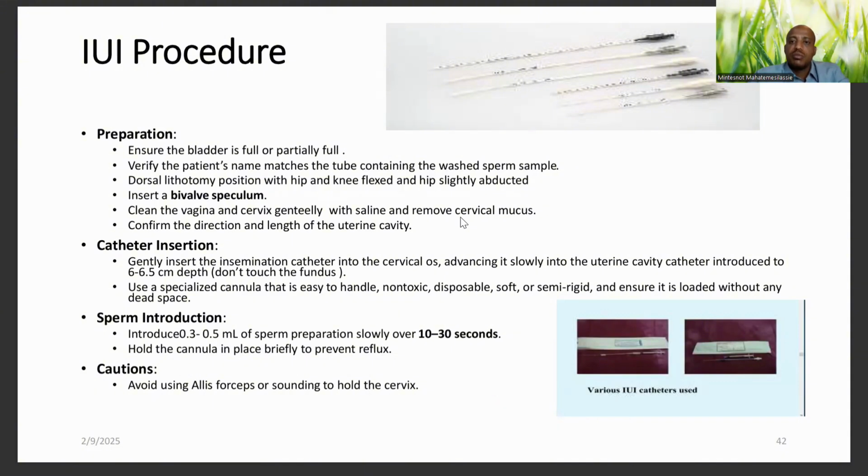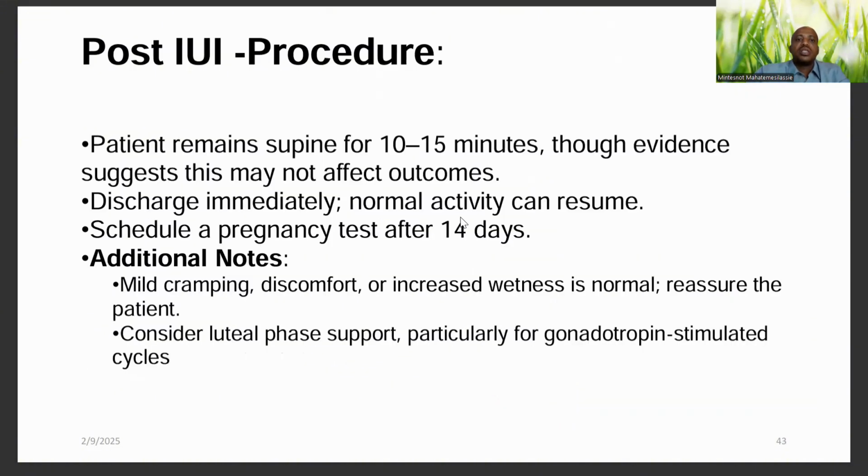As much as possible, you have to avoid the use of a tenaculum because it will stimulate uterine contraction. In general, the IUI procedure should be gentle and sterile, and you have to avoid unnecessary invasive procedures during that time because uterine contraction may cause expulsion of the sperm. After the procedure, the patient can remain in supine position for 10 to 15 minutes.